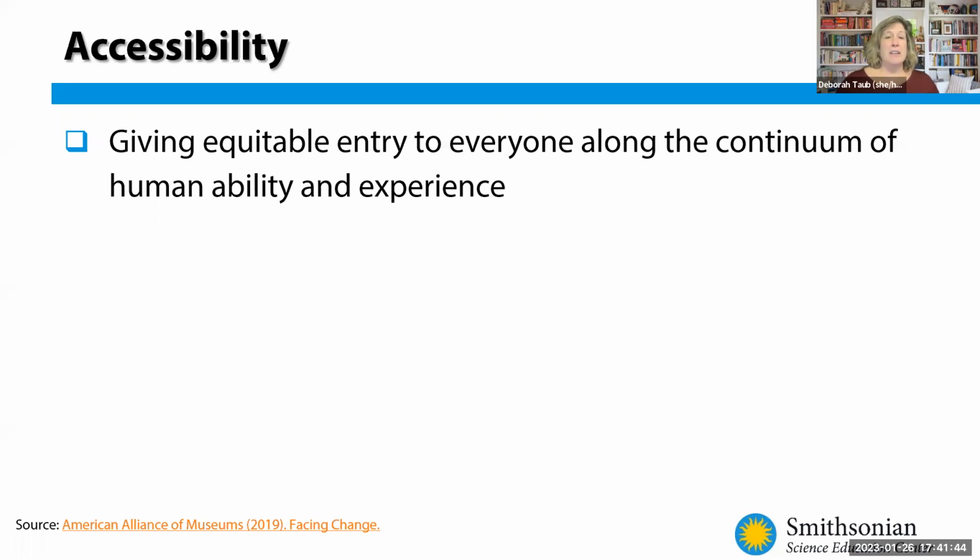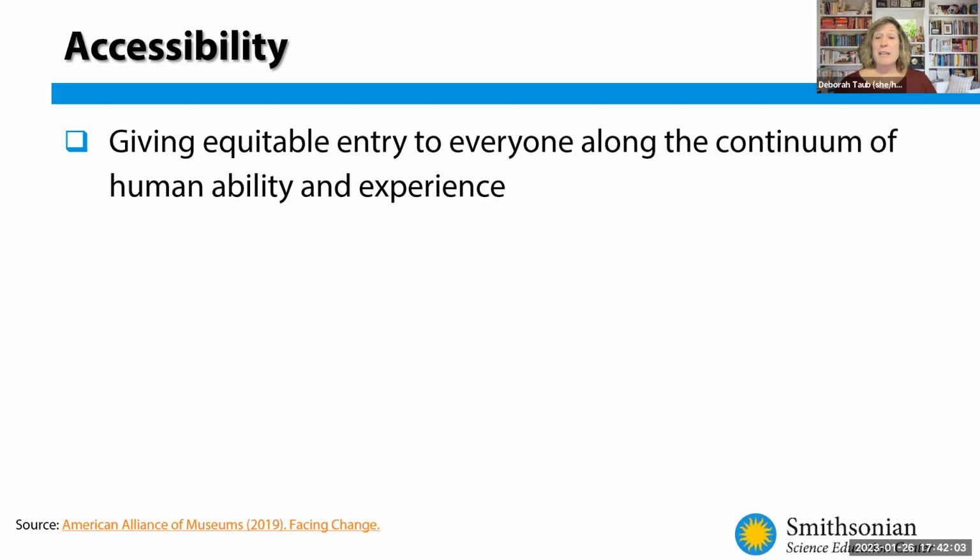And for those of you who've been working with universal design for a while, you know that they shifted the order of these guidelines, right? It used to be that engagement was the very last guideline.